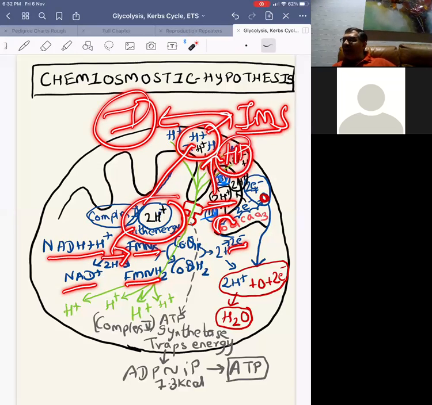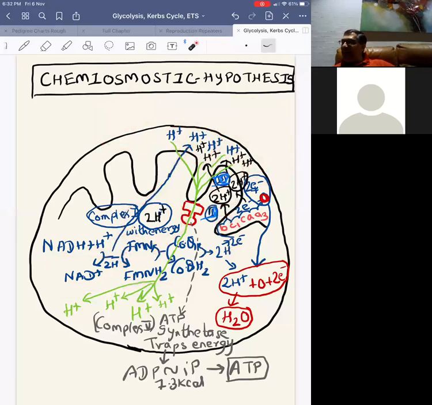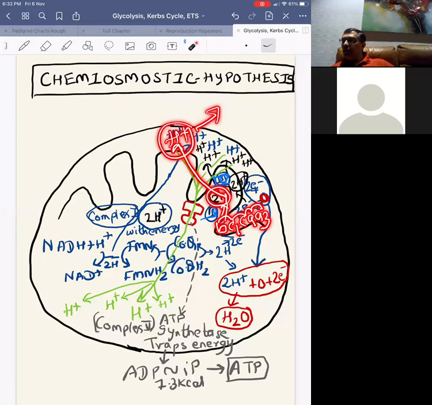That is called complex 3. And then the electron went from C1 to C, C to A, A to A3. Whereas the electron went from B to C1 to C to A to A3, two protons were pushed from the electron transfer from B to C1. Those protons got pushed into the intermembranous space, which we called complex 3.